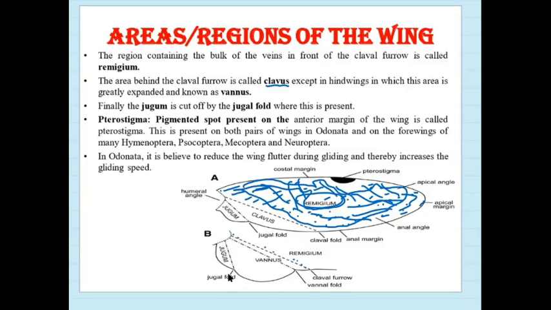This is the vannal fold, this is the jugal fold, and this is the claval fold. The area behind the claval furrow is known as clavus, except in hind wings, in which this area is greatly expanded and known as vannus. In the hind wing, between the claval fold and vannal fold, this is the vannus.